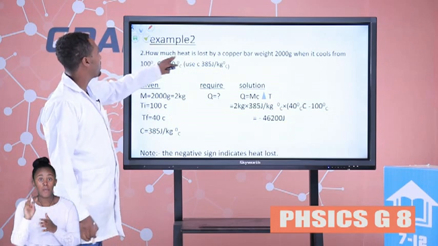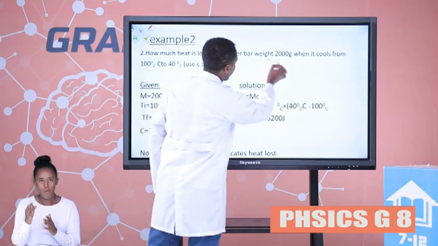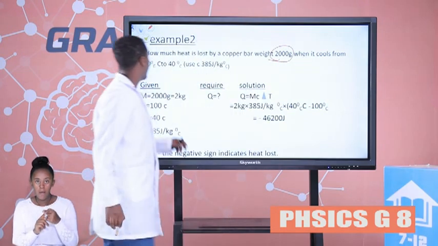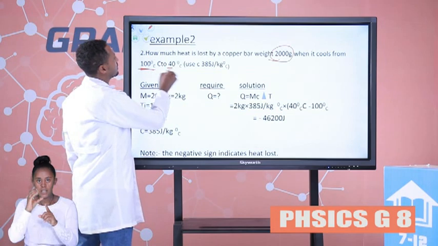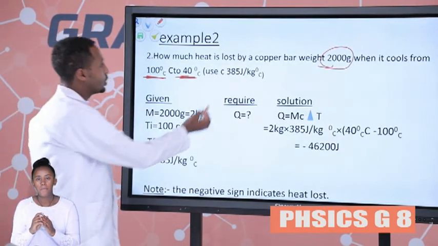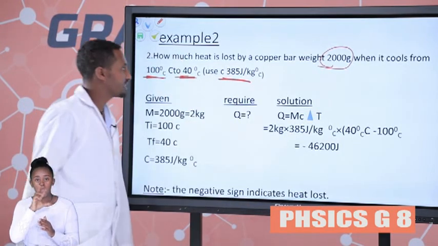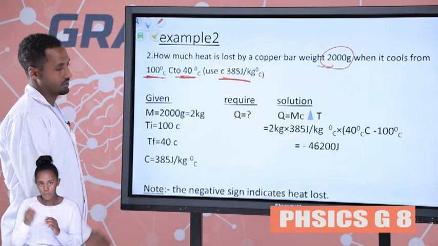Example 2. How much heat is lost by a copper bar weighing 2000 gram when it cools from 100 degree centigrade to 40 degree centigrade? Use 385 joule per kilogram degree Celsius.